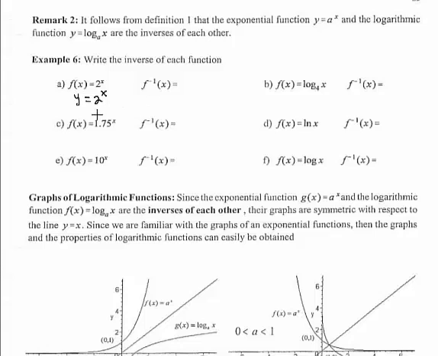And so in this case, in order to do that, we'll have to know how to convert an exponential into a log form. So if we swap our x and y, we would have x equals 2 to the y power.